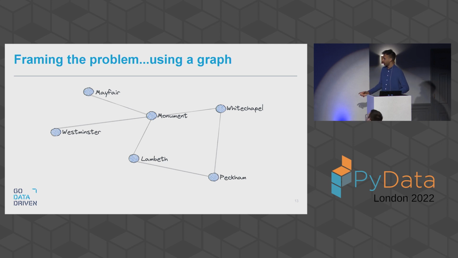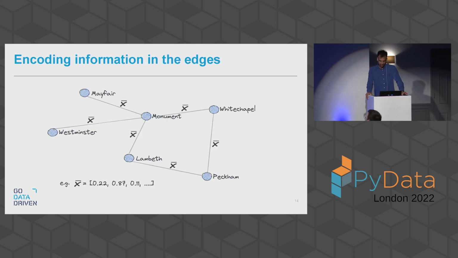Now you can see that we've simplified things a bit here for the sake of brevity. We could define an edge between every pair of these nodes, because of course it's possible to cycle between all of the locations. But for now, we're just going to assume we're only considering the very popular routes. So maybe the signal between two really far regions is really low, and we can just ignore it for now. So the edges, the relationships, can be trivial. A very common use case is social media, right?